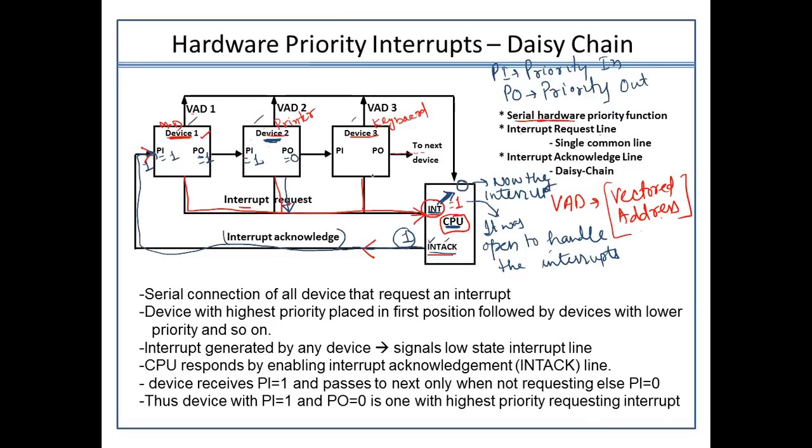Even if, let's suppose, two devices have sent the request, once PI is equal to 1 and PO is equal to 0, the highest priority device will be taken care of.